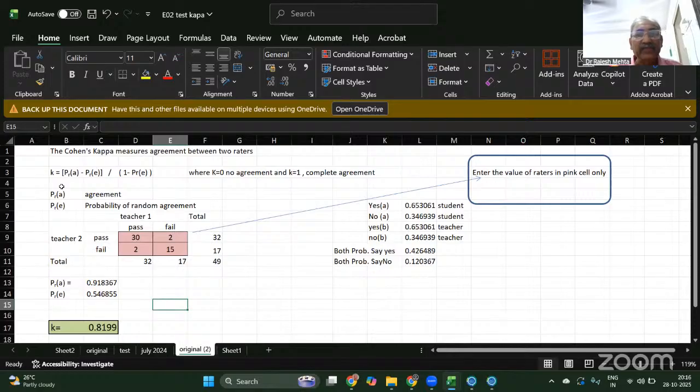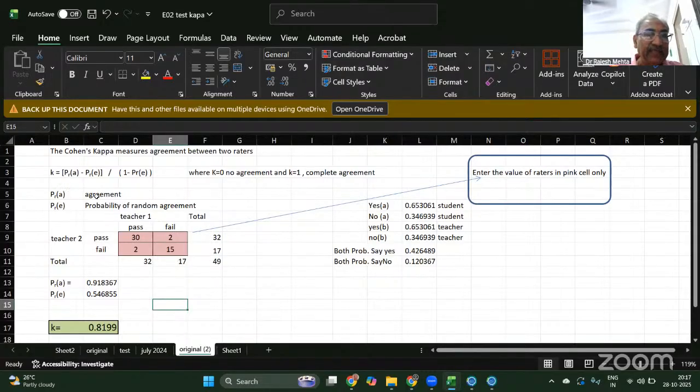The basic principle is randomization. Even if you take any 2 persons randomly, and even if they are almost similar in their education, skill, everything, still there is some chance of random error, and that random error is removed. That probability is removed, and then the pure kappa score is taken.